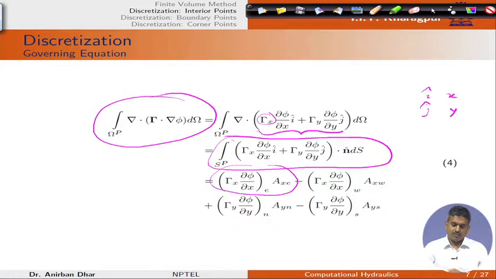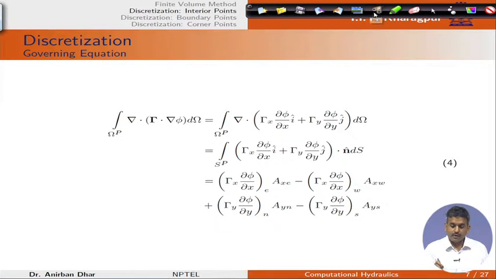So, how is this step coming from this integral equation? Let us consider that we have our P cell and east face. Now, the east face is normal to the x direction. So, we can write the area in terms of the i vector.